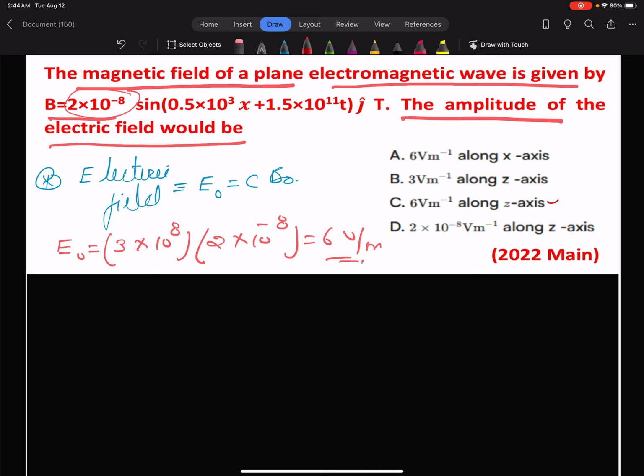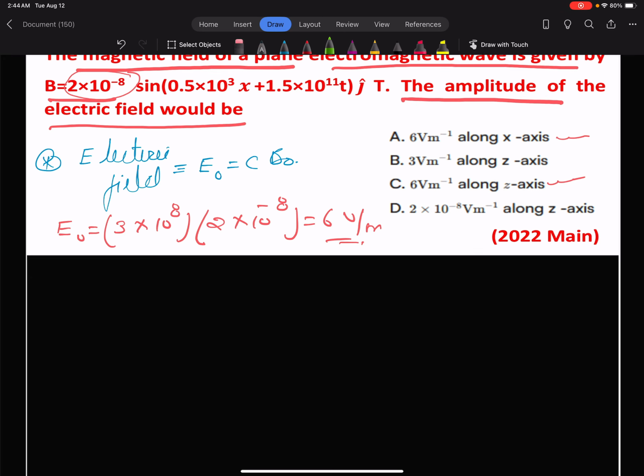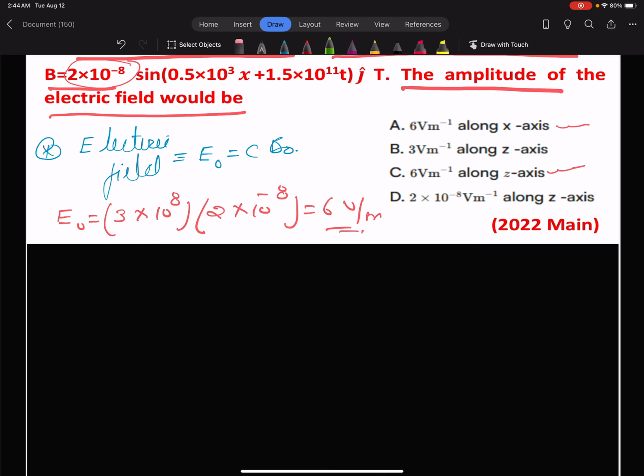So the only possibility is option A or option C with respect to direction. From the given equation we can say that the direction of the magnetic field is the J unit vector, or in the Y direction.